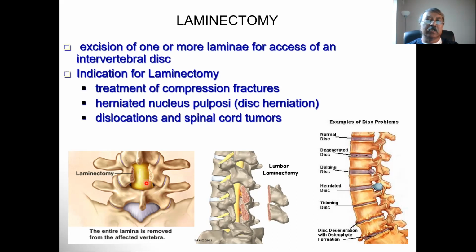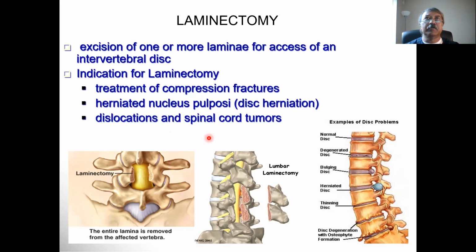Sometimes the tumor starts at one level and progresses upward or downward to other adjacent levels. In that case, we have to remove several laminae from several levels of vertebra in order to expose the spinal cord tumor, and then slowly resect it away with pituitary rongeurs or some other means, whatever the surgeon prefers.